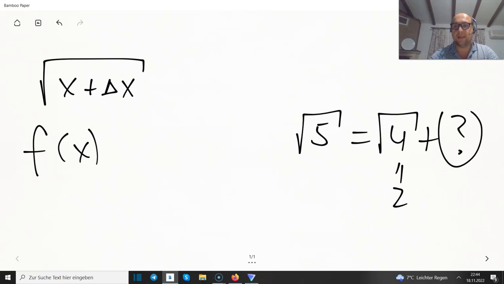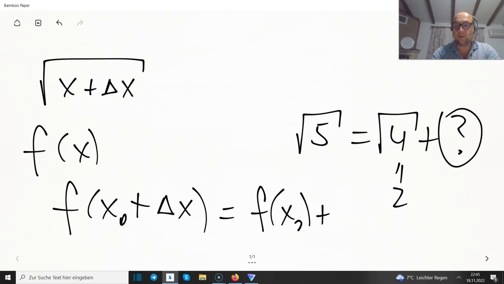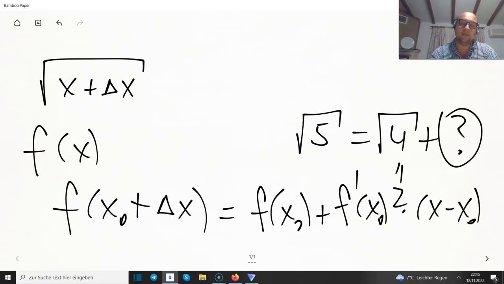And this something is basically the idea of Taylor series, and that means we're going to describe f of x plus delta x as f of x, we can also write x0 here, plus, well, something else, and this something else is totally fine proved or written as f prime at x0 times x minus x0, and then we move on to the second, third, and so on derivatives.